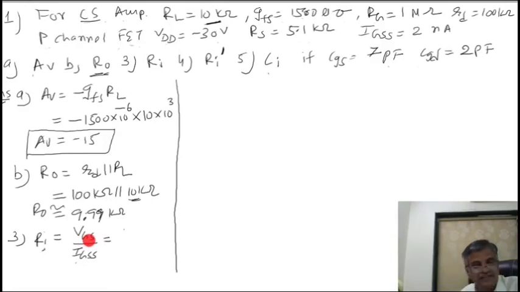Remember, don't make the mistake: there is no VGS given here, but in the definition of gate to source leakage resistance, that is your RI. So VGS I will keep 30, and 2 nanoampere. So you will get 15 into 10 raised to 9 ohm.